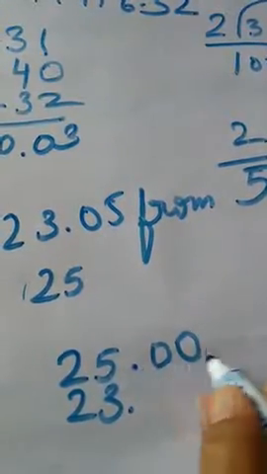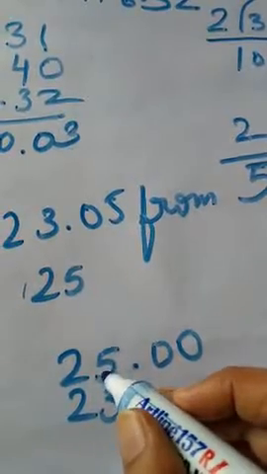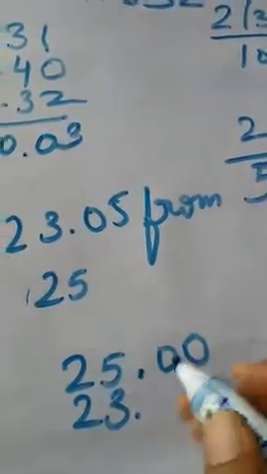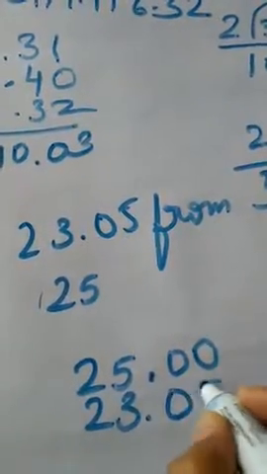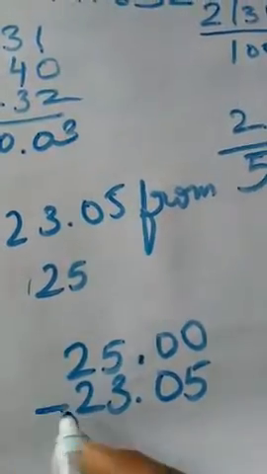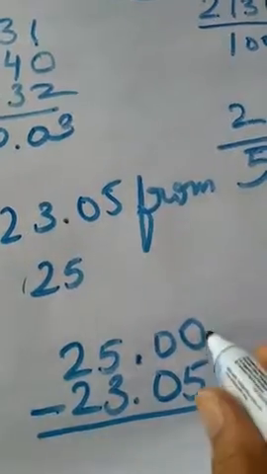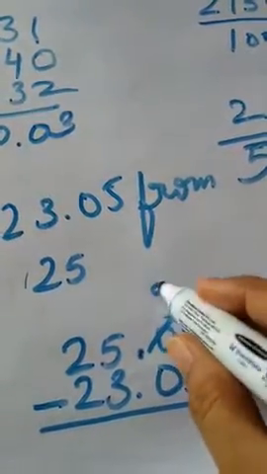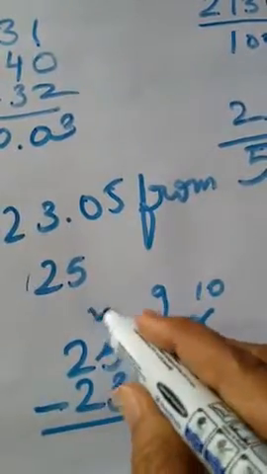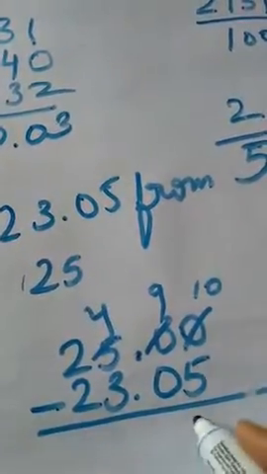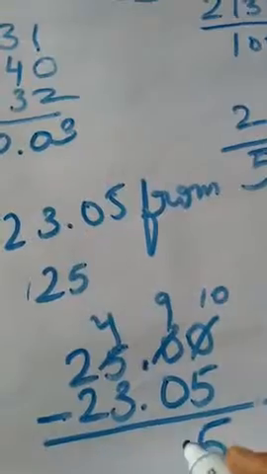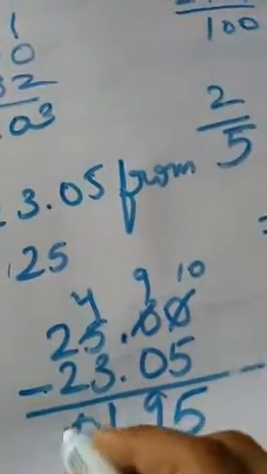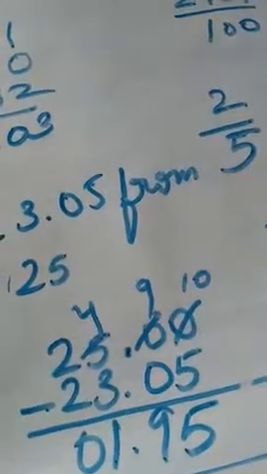There is nothing after the decimal, only 25 is there. 25 is the whole number. After that you can mark a decimal and add as many 0s as you want. Now subtract them. 10, 9 and 4. Now 10 minus 5 will be 5, 9 minus 0 will be 9, 4 minus 3 will be 1, and 2 minus 2 will be 0. In this way we can subtract decimals.